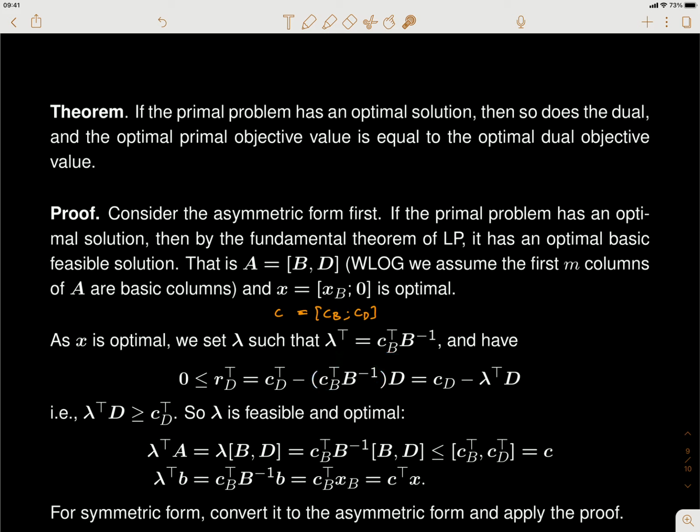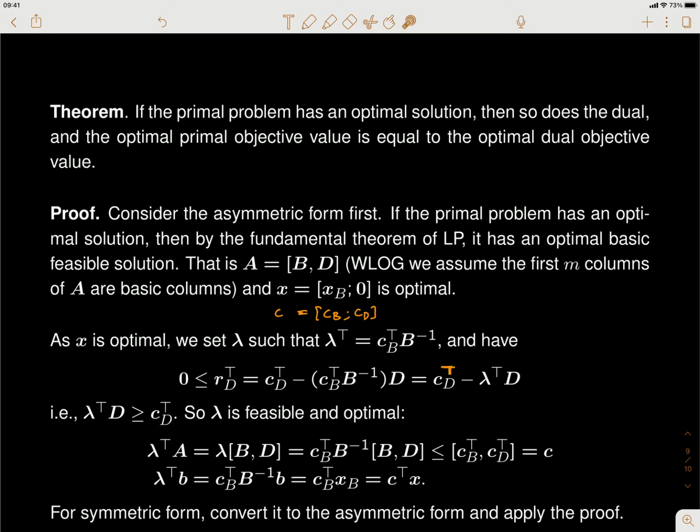So what I have is C_D transpose minus lambda transpose D. And because this is a non-negative vector, greater than or equal to 0, it means that lambda transpose times D is less than or equal to C_D.